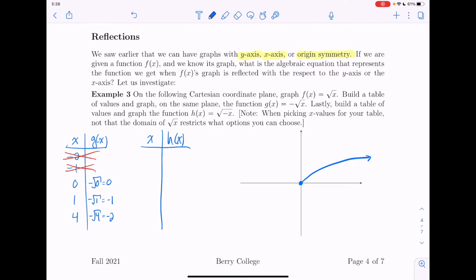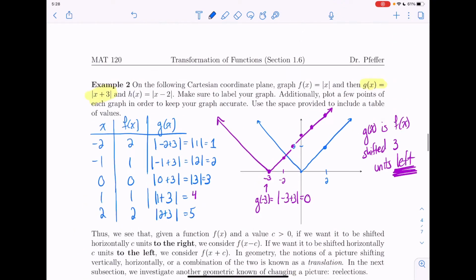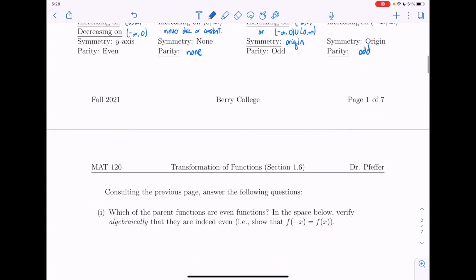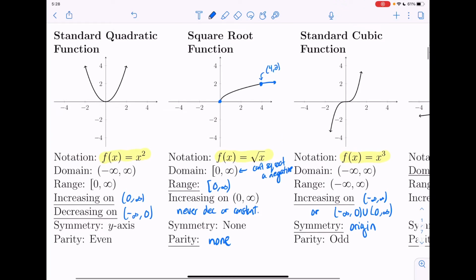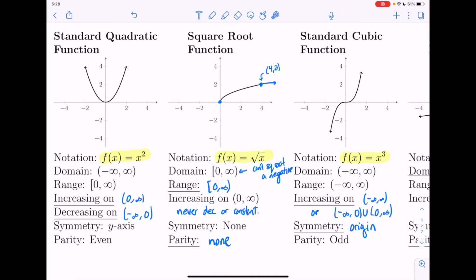Now, this is a good point to pause and have a small commentary. If we go all the way back to our parent functions, back to our square root, you may say, wait a minute. When I square root a function, don't I get a positive and a negative? And the answer is yes. However, that's only true when you're solving an equation, not graphing.